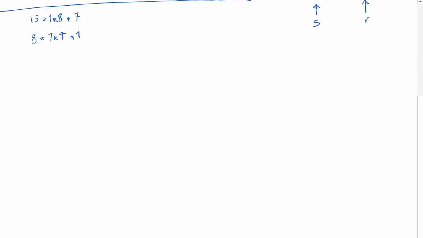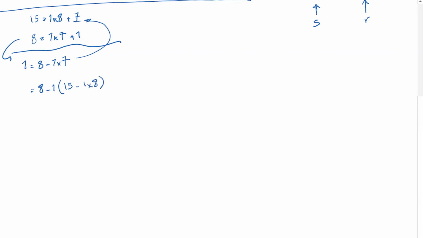So now I can start to work on this one. So I said that 1 equals 8 minus 1 times 7. 7, I can rewrite based on this equation. I can say this equals 8 minus 1 times 15 minus 1 times 8, right?